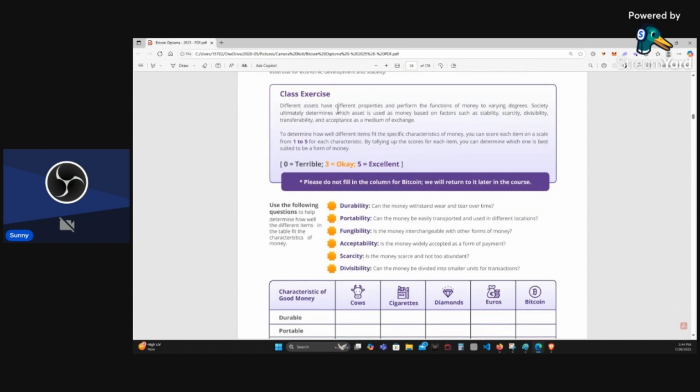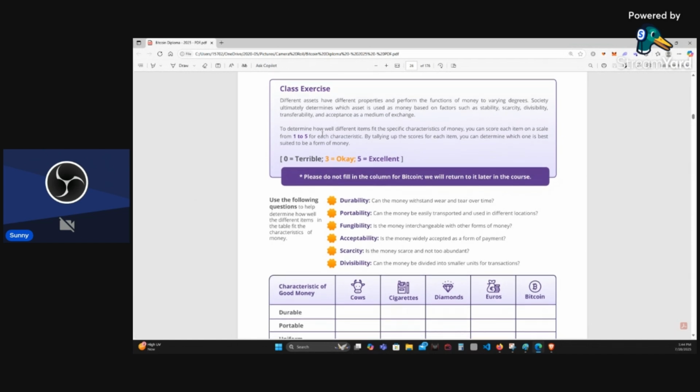So for this class exercise, different assets have different properties and perform the functions of money to varying degrees. Society ultimately determines which asset is used as money based on factors such as the six properties we just discussed and the functions. So stability, scarcity, divisibility, transferability, acceptance, and as a medium of exchange.